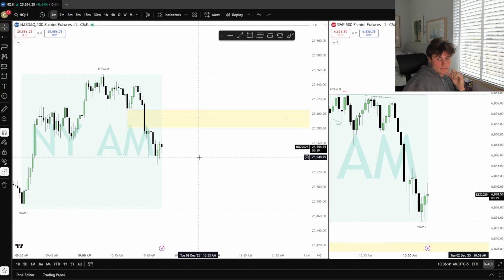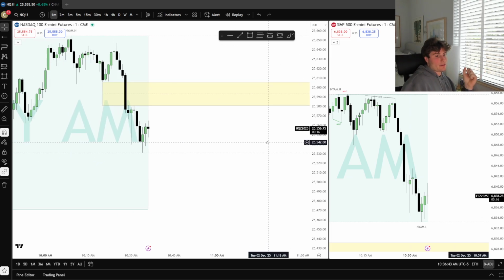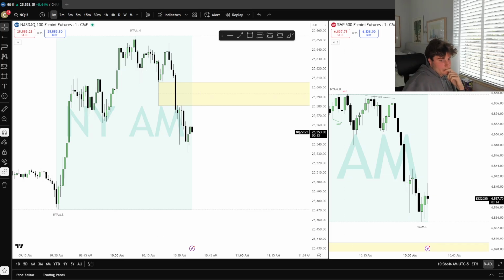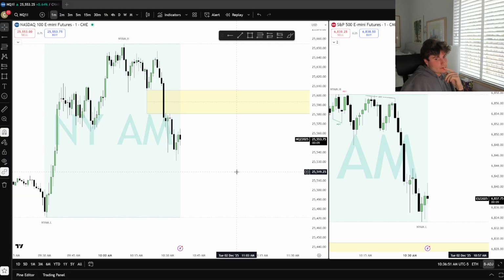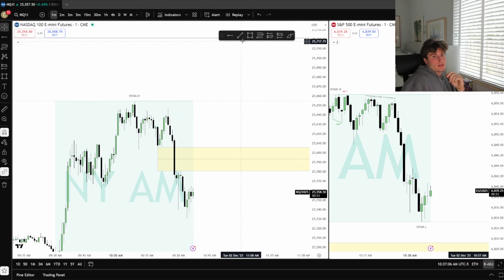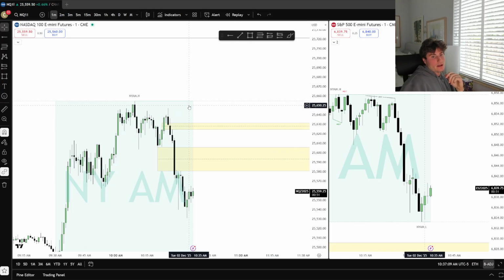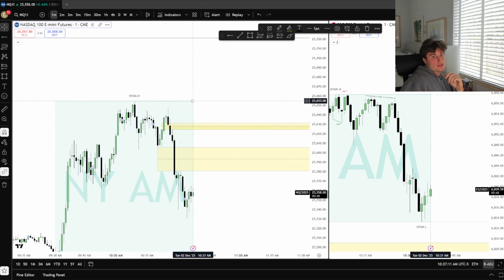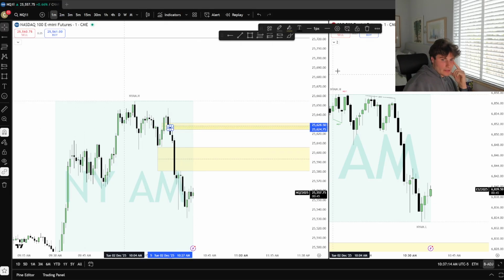If we don't, if it gets to 11 and we're still chopping around, I'm getting off. The BPR is like this, right? This got inversed, and then we created a bearish fair value gap, and that same leg overlapped. Balanced price range.